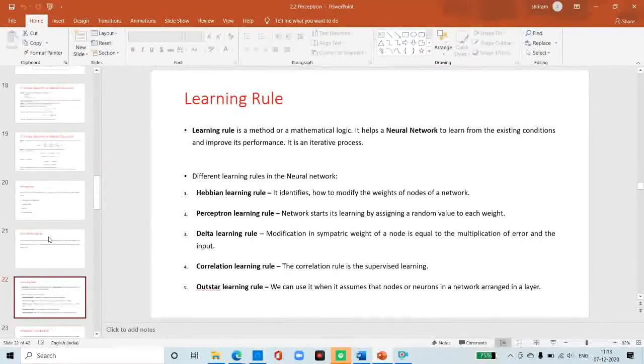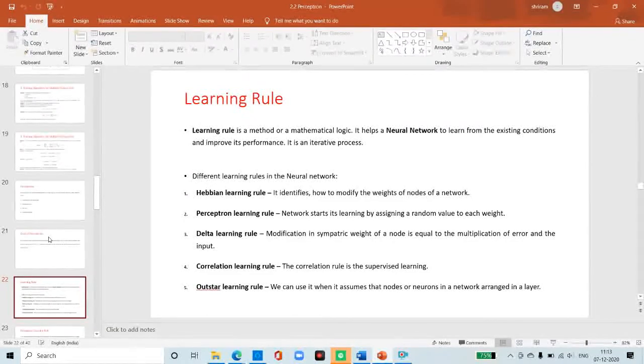There are different learning rules in a neural network. The Hebbian learning rule identifies how to modify the weights of a node of a network. In the perceptron learning rule, the network starts its learning by assigning a random value to each weight. Then the delta learning rule: the modification in the synaptic weight of a node is equal to the multiplication of the error and the input.